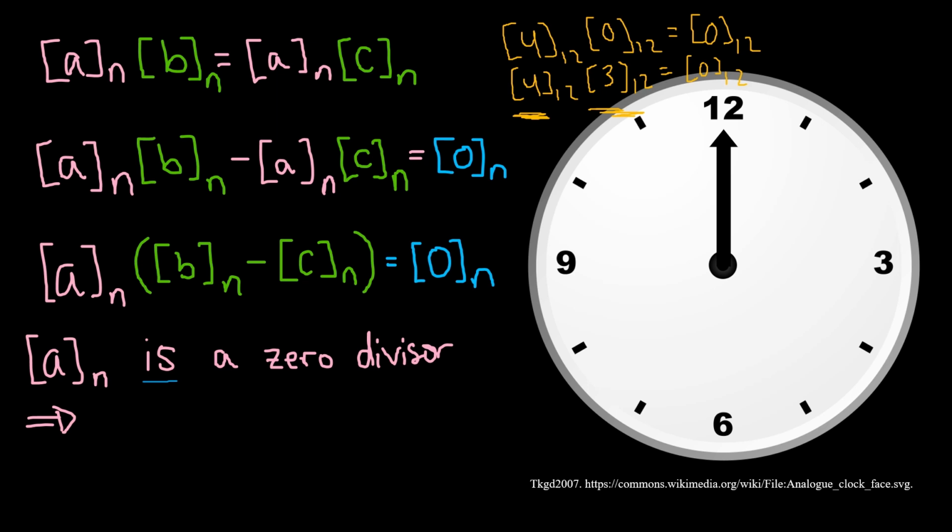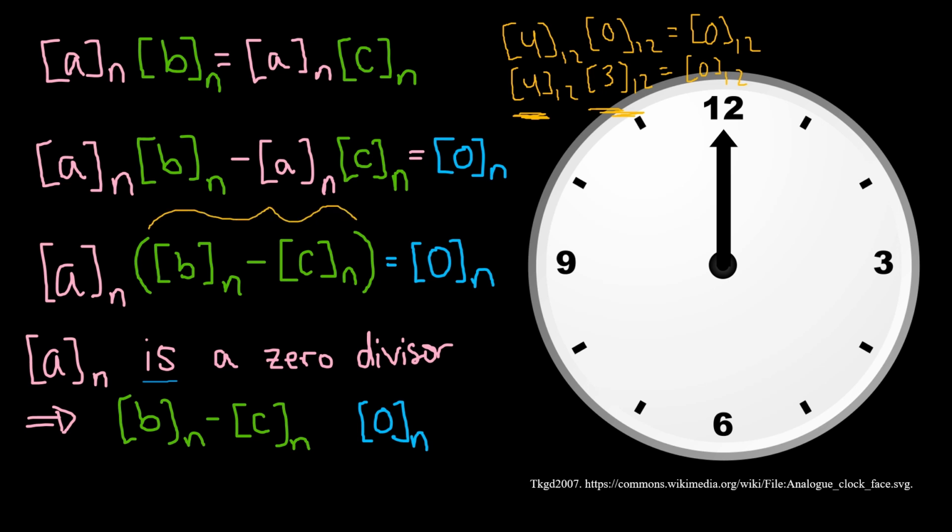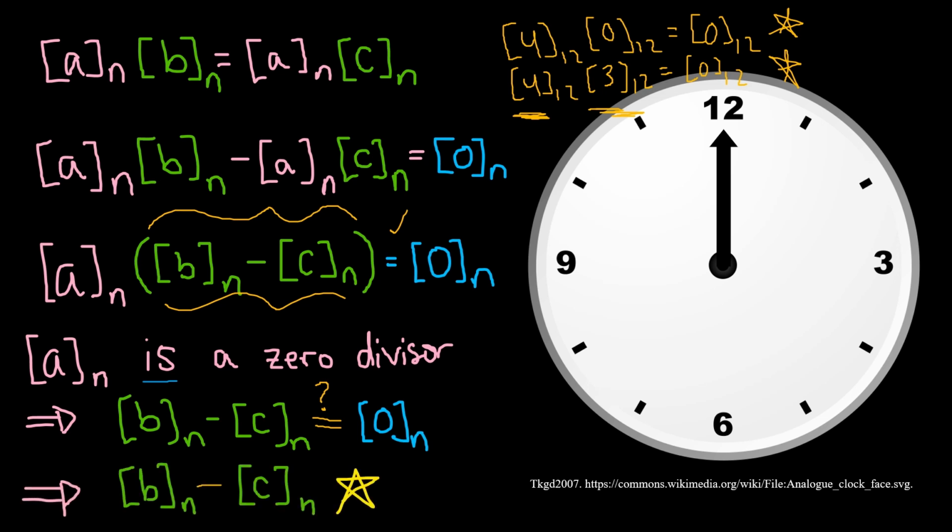But the problem is there's this ambiguity, right? So what can we say about this second term? It could be in fact 0, just like in this first example. If the second term were equal to 0, then this would definitely still be true. But we also saw an example where the second term in our product might not be 0. So this term may or may not be 0. There's simply not enough information to know. In other words, there's not enough information to know if b mod n is equal to c mod n.